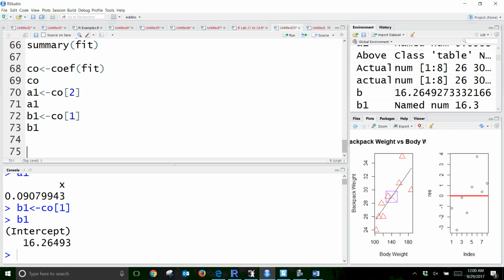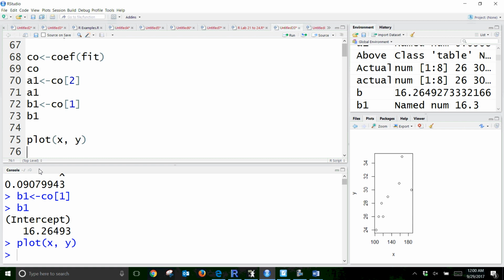We could just go ahead and plot, or actually, before we do that, let's go ahead and plot the data. So plot x comma y. We won't do anything fancy this time. Okay, those are our points. But now we can actually do an abline to get our best fit line in here.